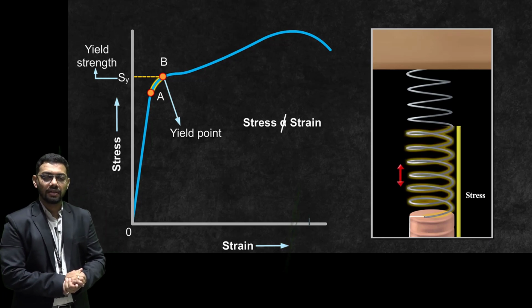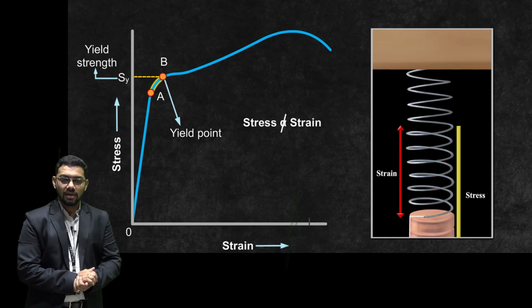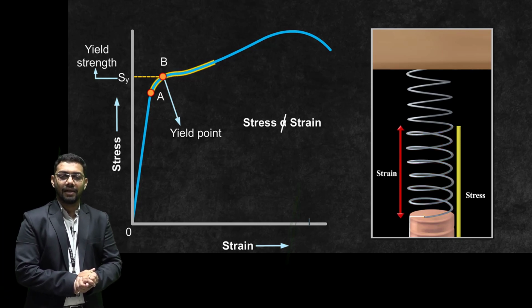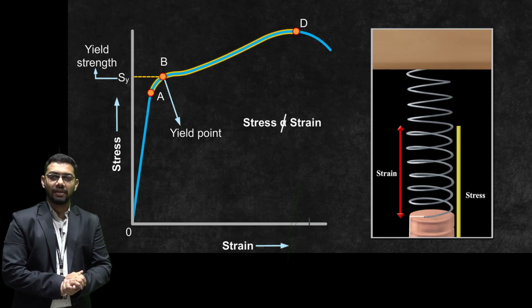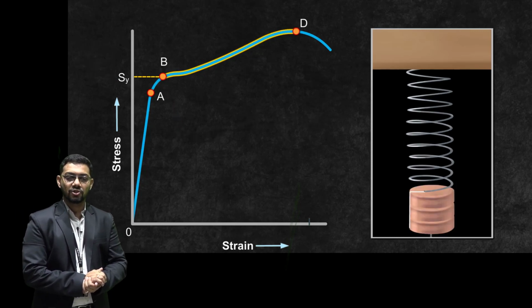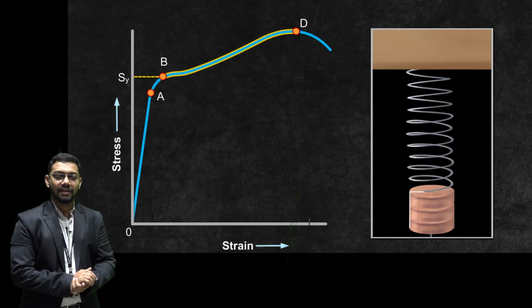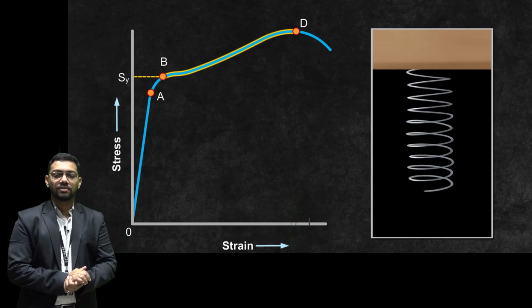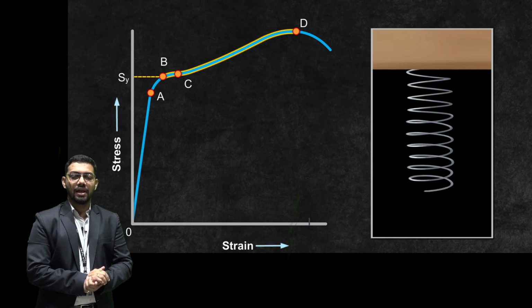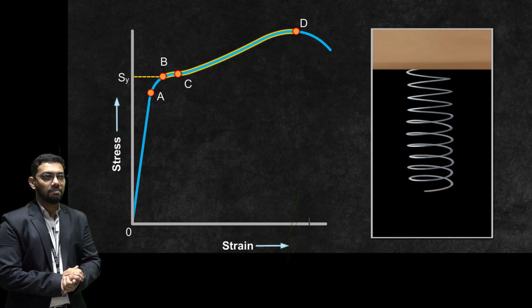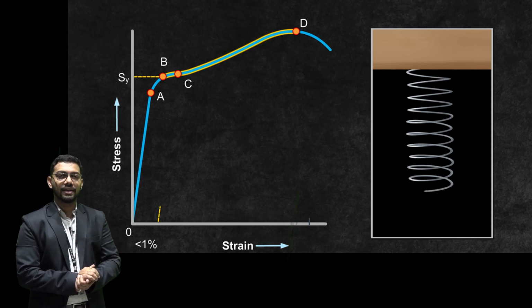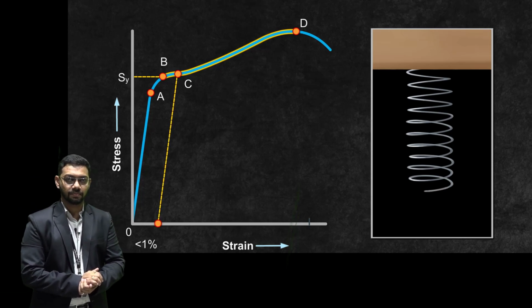If the load is increased further, then the stress exceeds the yield stress and strain increases rapidly even for a small change in stress, as represented by the curve BD. When the load is removed, say at point C in between B and D, the body does not regain its original dimensions.